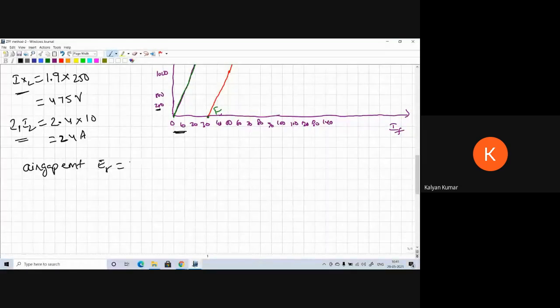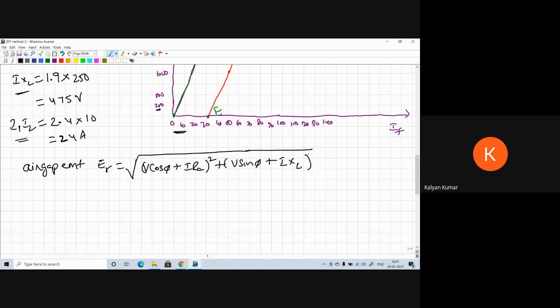ER equals the square root of (V cos phi plus IRa) whole square plus (V sin phi plus or minus IXL). Only IXL, not IXS. If we take XS it would be E naught; since we separated them, we add only XL here.